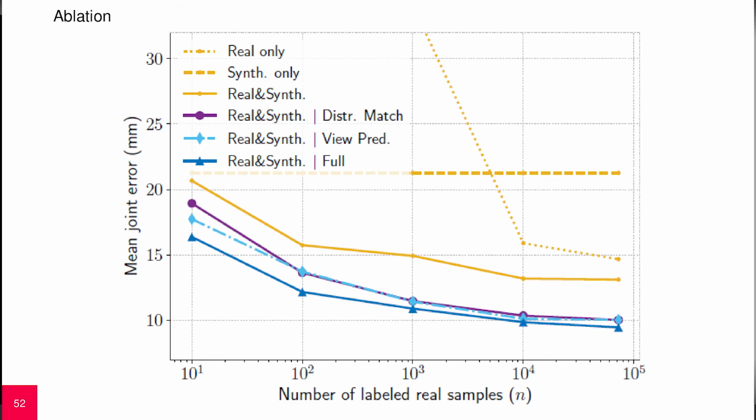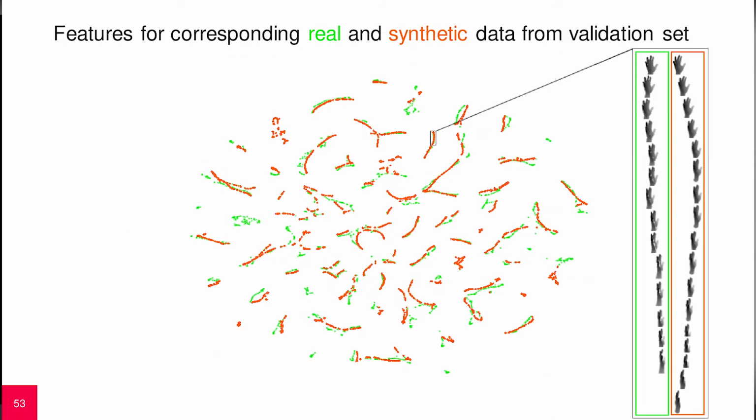In terms of the latent space visualization I showed you earlier, after training with those two additional losses, we can see that corresponding real and synthetic samples are getting quite close together in this latent representation.